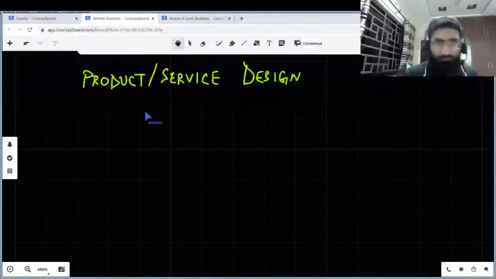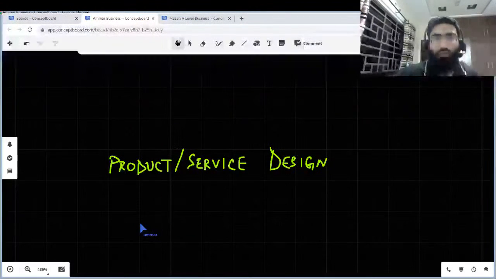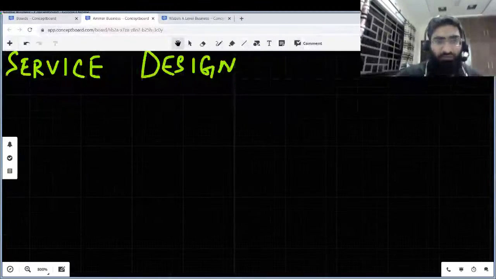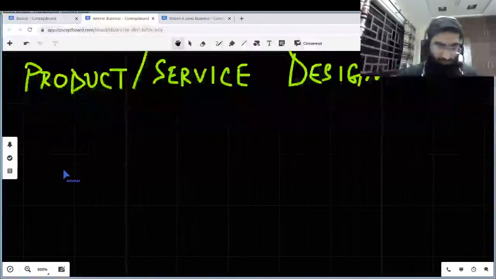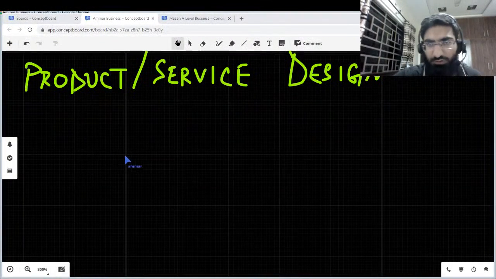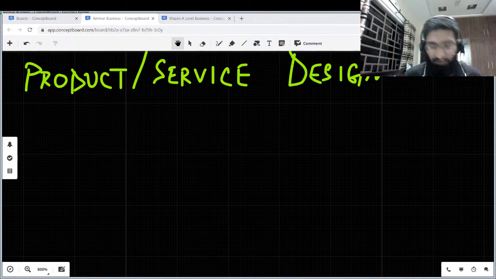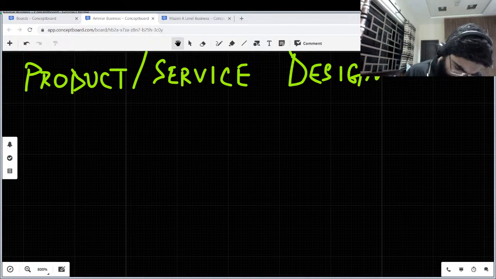Yes, thank you. Okay. So for product service design, what are the things that we must be cognizant of? So first thing is shape and appearance.